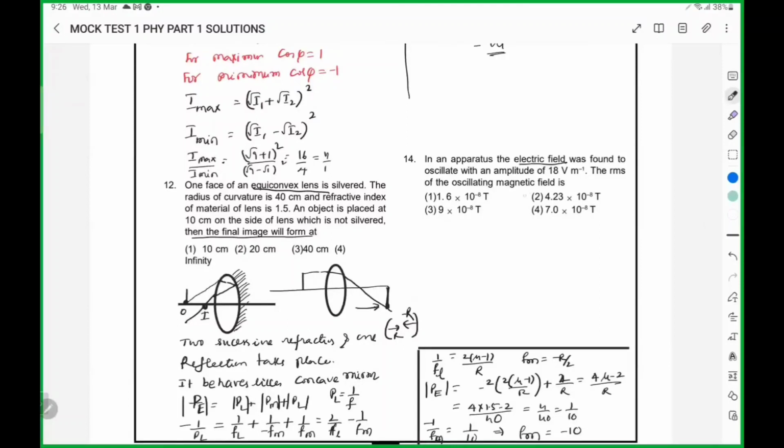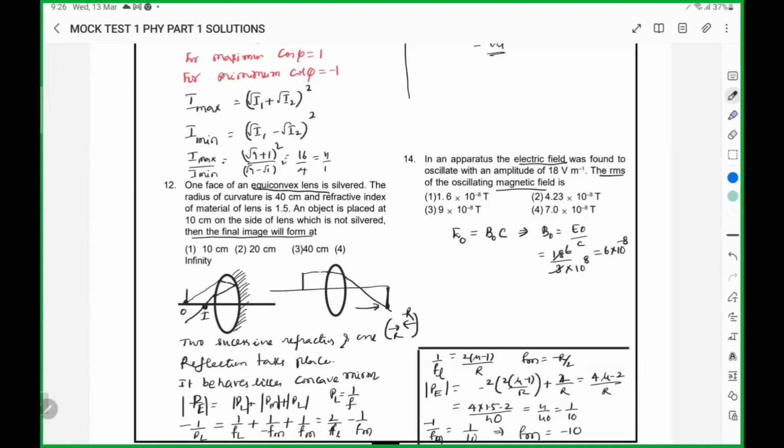Here, electric field and magnetic field. The amplitude of the electric field and the amplitude of the magnetic field are related by this. So B naught here is E naught by c, 18 by 3 into 10 power 8 meter per second, that is 6 into 10 power minus 8.